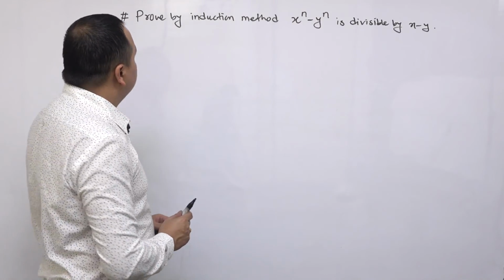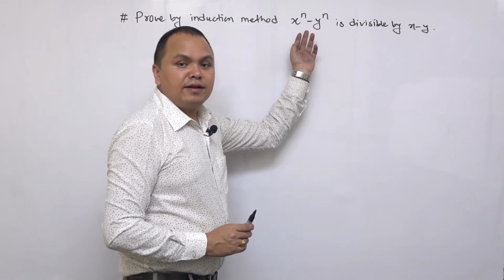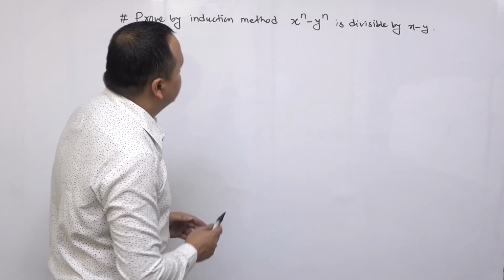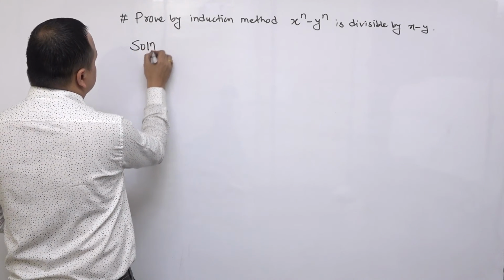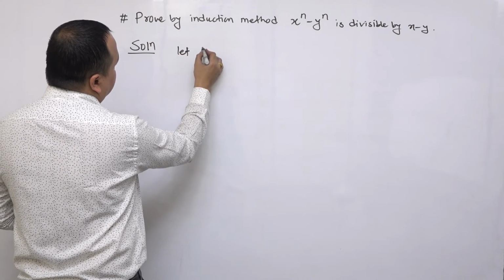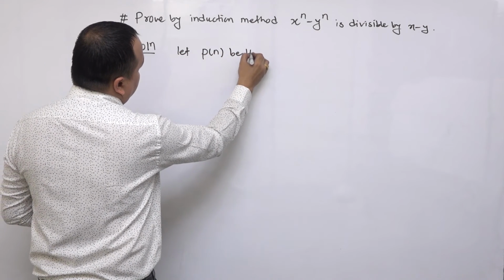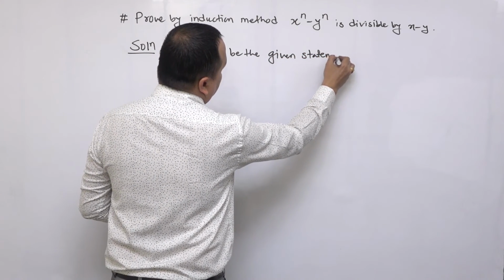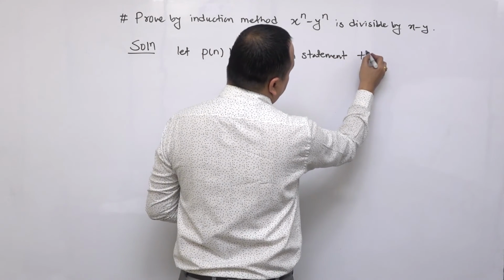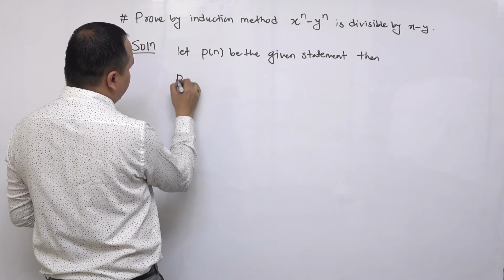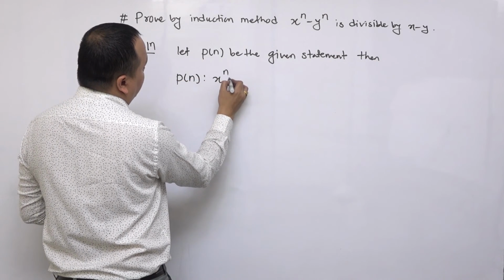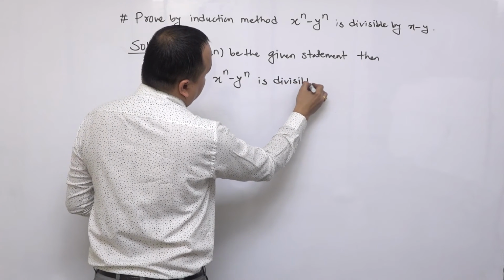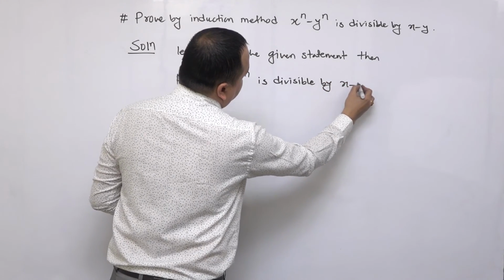Now we take another example. x to the power n minus y to the power n is divisible by x minus y. Let Pn be the given statement, then Pn: x to the power n minus y to the power n is divisible by x minus y.